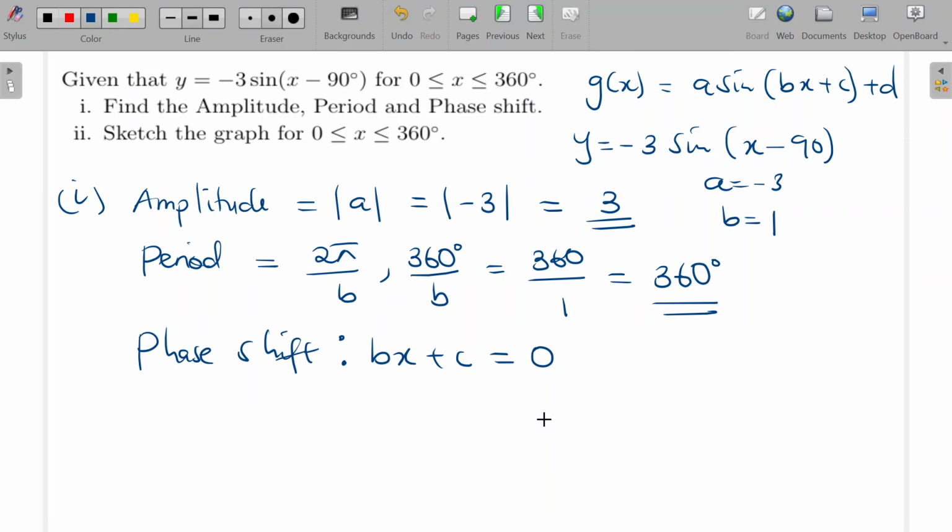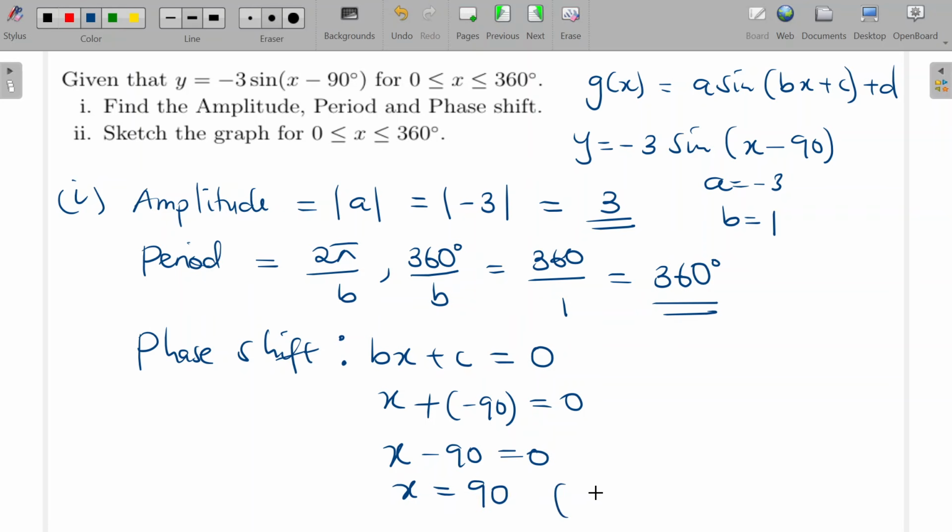So here in this case, we have X minus 90, so X plus C, which is negative 90, equals 0, meaning X minus 90 equals 0, so our X is equal to positive 90.